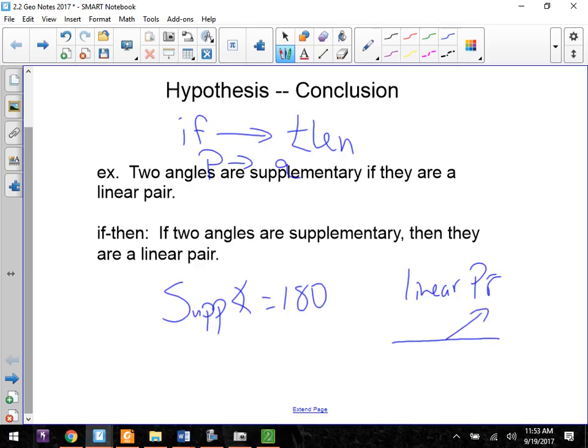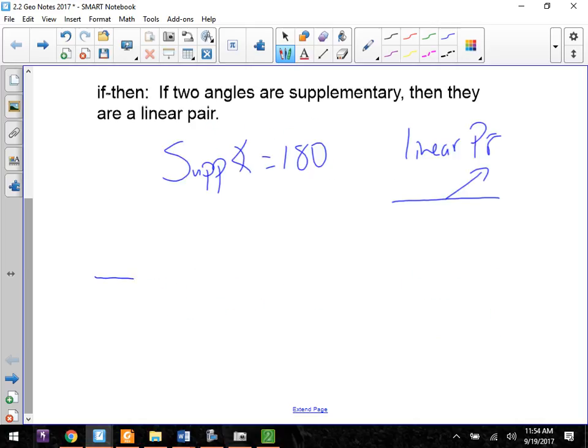Yeah. Supplementary angles just have to add up to equal 180. Do they have to necessarily be on the same line? No. They don't. Remember, you could actually have a 30-degree angle here and a 120-degree angle here, and they're still supplementary. They're just non-adjacent. And that was okay. Linear pair was just a more specific version of that. Does that make sense?